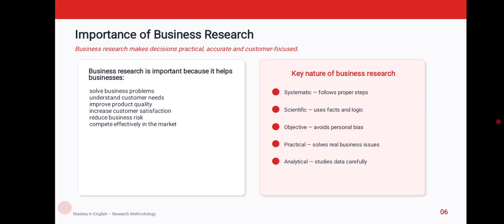It is objective because it avoids the personal bias. It is practical because it solves the real business issues. It is analytical because it studies the data carefully. So students, business research is very useful for every organization.